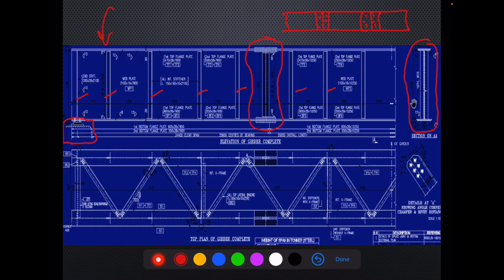This is the basic arrangement of a plate girder. And if we look at the top plan of the girder, it looks something like the figure shown below. So this is the top plan.